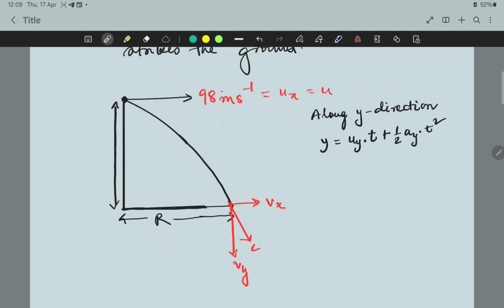Now again in this case also uy equals to 0. In the initial condition, no motion in the y direction. So the velocity here uy will be 0.